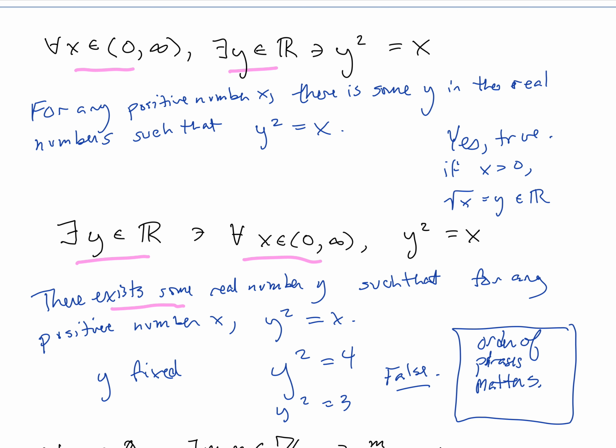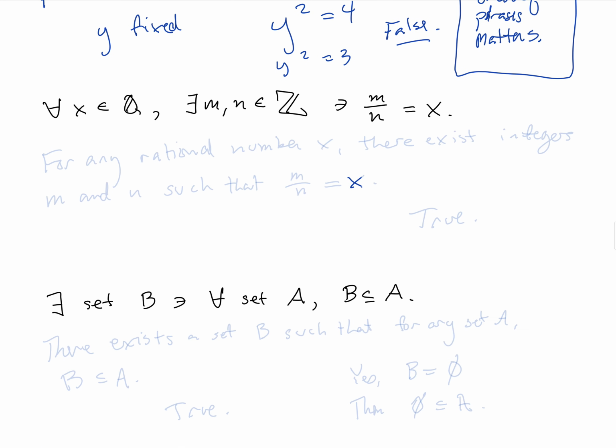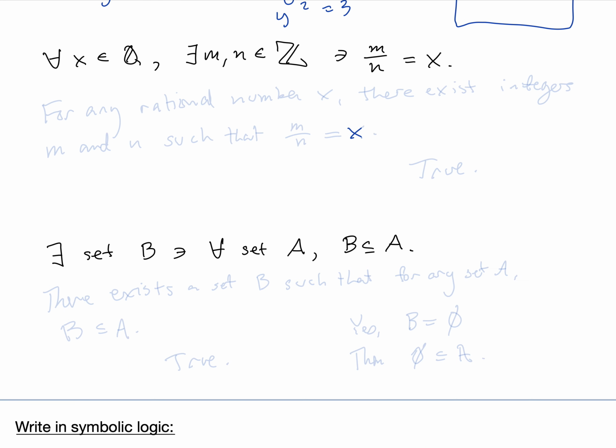Okay, next, we've got: for any x in the rational numbers, there exist integers m and n such that m over n is equal to x. For any rational number x, there exist integers m and n such that m over n is equal to x.